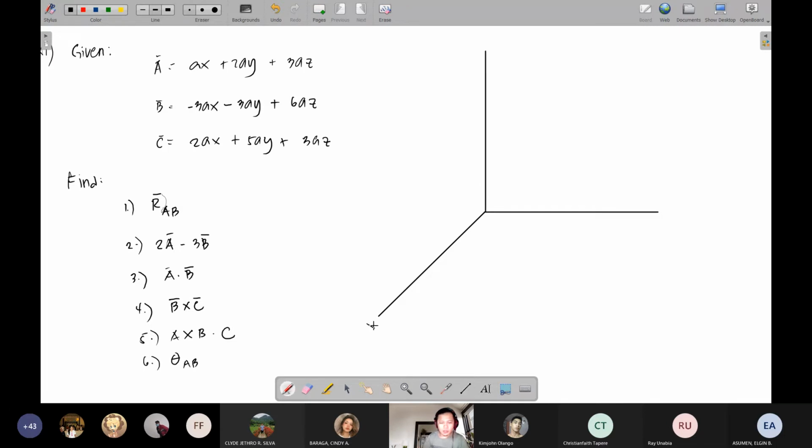Okay? So, x-axis, y-axis, and z-axis. So, plotting for vector A. Vector A, you have ang x component, automatic na niya na naanay 1. Okay? So, x component na i-dimension nga 1, magnitude nga 1.